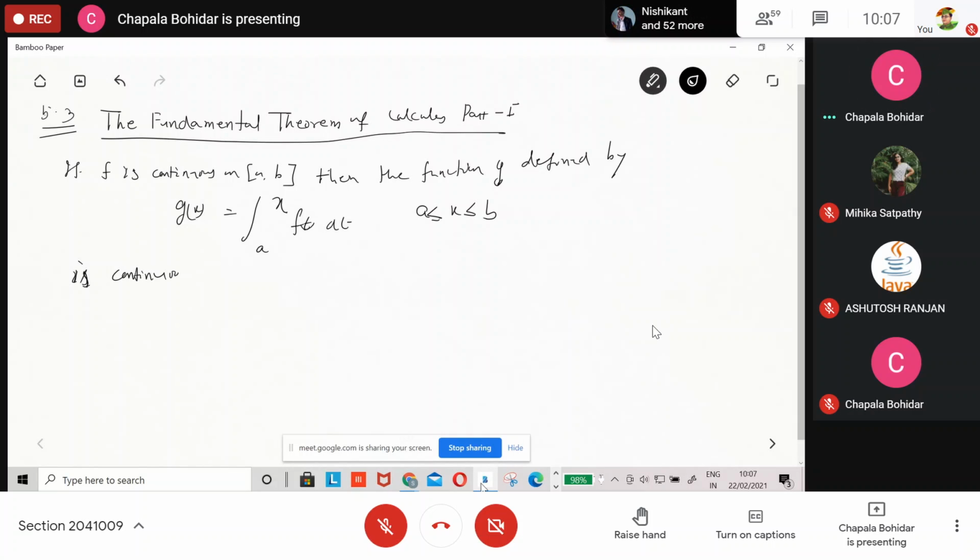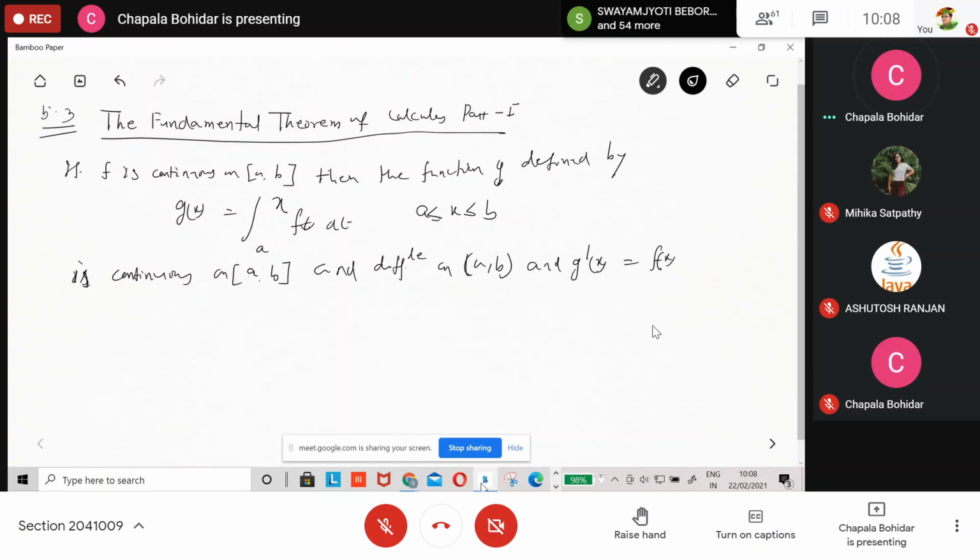is continuous on [a, b] and differentiable on the open interval (a, b), and g'(x) is equal to f(x).